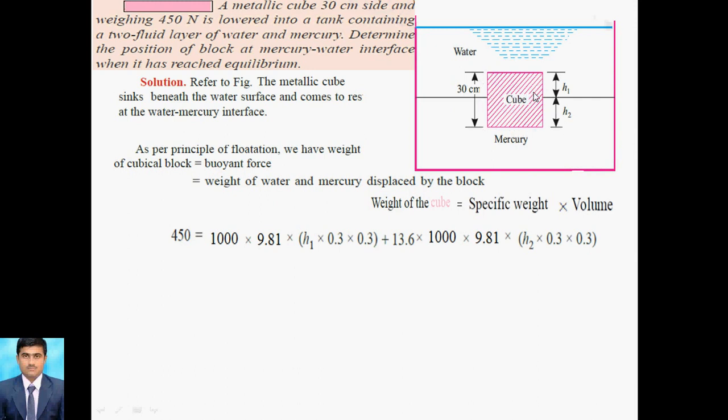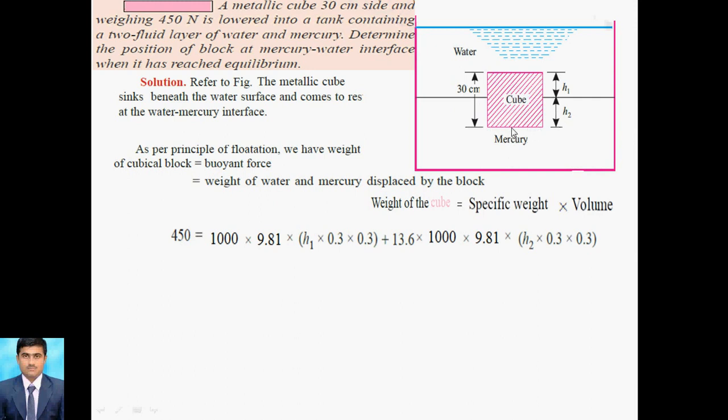So h1 into 0.3 into 0.3 is the value for the weight of the water, plus 13.6, so we enter into the second liquid: 13.6 into 1000 into 9.81. And regarding the volume, how to find it? h2 into 0.3 into 0.3, because h2 is the height of the mercury present over here.